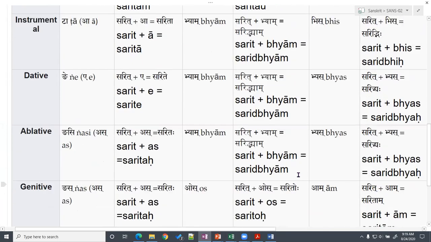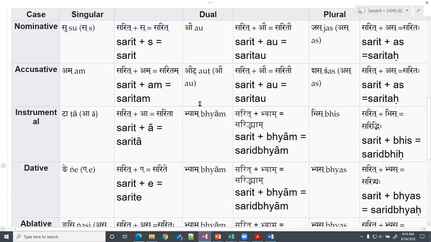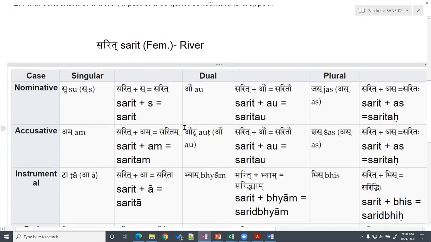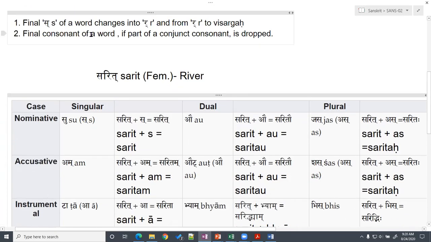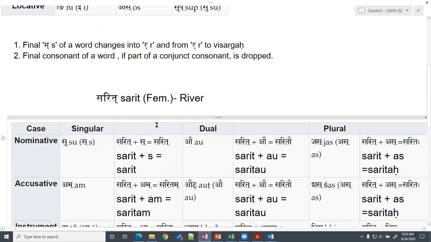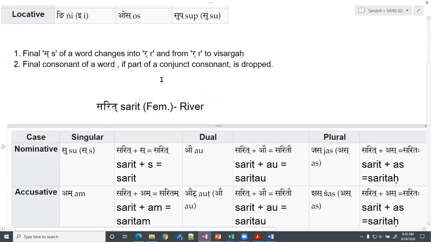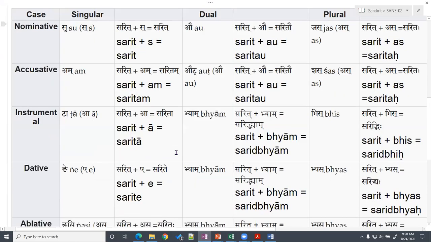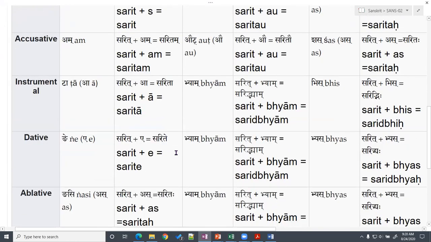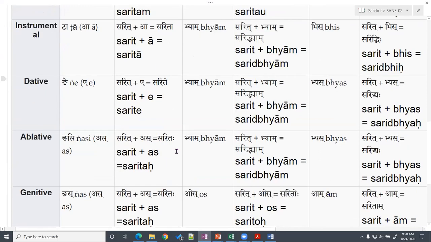So these are the seven cases. They are so easily derived in the case of sarit that you really don't have to change much. With these two rules, you can have the whole sarit table derived. You don't have to memorize. You can almost get it just by looking at the suffixes. But that's not how it will work in all cases, because there are many other rules which come into place.